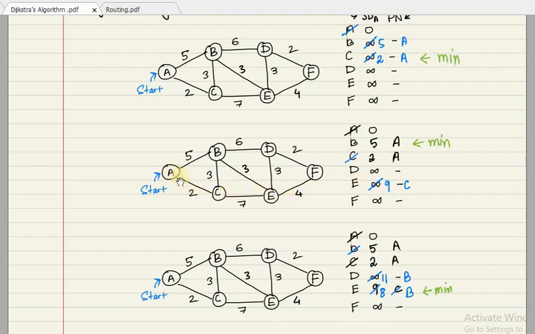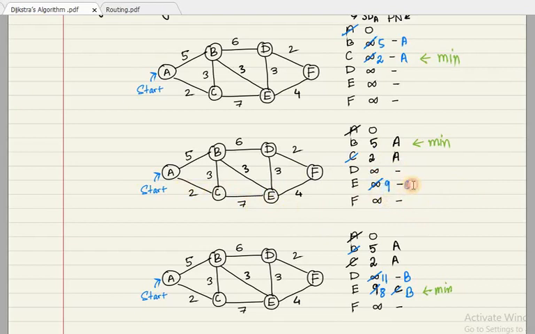It is obvious because if you look at the diagram here, to go from A to E via C, it is 2 plus 7, which is 9. So that's why we have written 9 here. Okay, so here it is 9, and why has it happened? Because the distance 2 plus 7 is going to be 9.